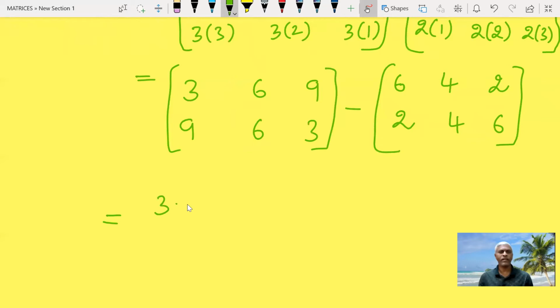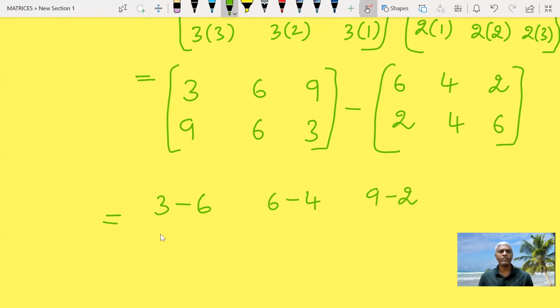Just like in addition we add corresponding elements, in subtraction we subtract corresponding elements from both matrices. 3 minus 6, 6 minus 4, and 9 minus 2.